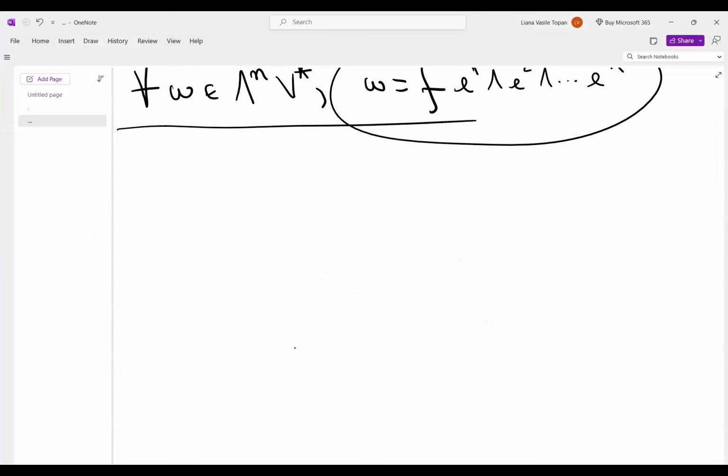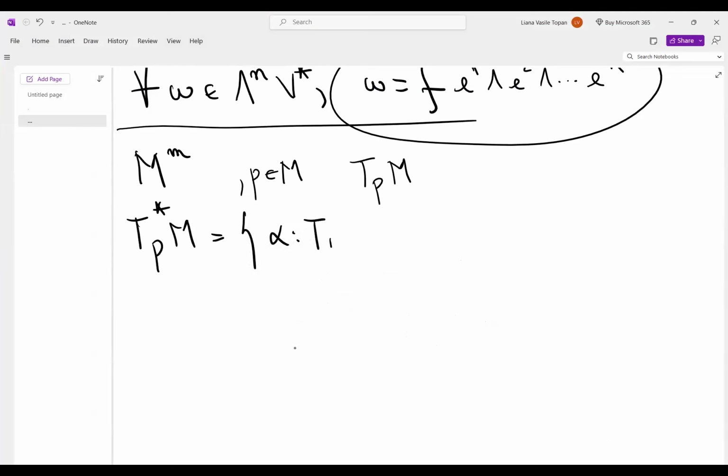So the cotangent space of M, a manifold, back to our manifolds. If we take a point P of M, we can build the tangent space at the point P to the manifold, and then we build its algebraic dual. So this is simply the set containing all maps defined on TPM with real values which are linear.